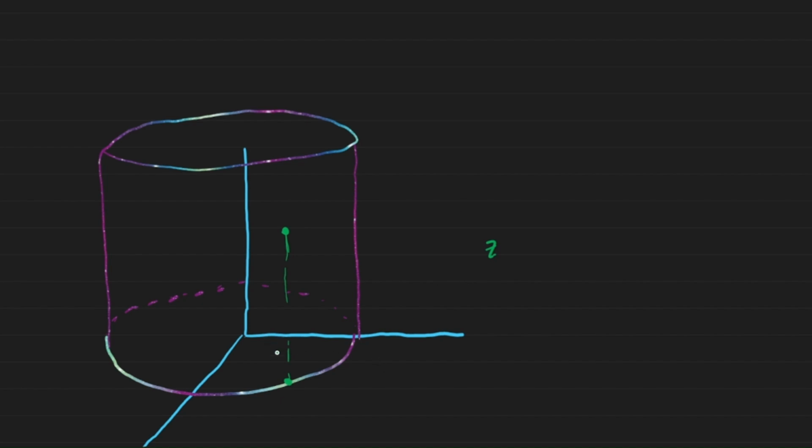Z remains the same. What does change is x and y, and we consider r, as is the case with polar coordinates, to be the radius from the point of origin to the point on the cylinder. So that's what r is. And then we also include theta. So theta is the angle from the x-axis to the point itself. So that's x, y, and z.